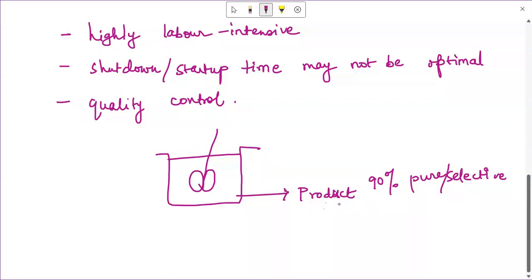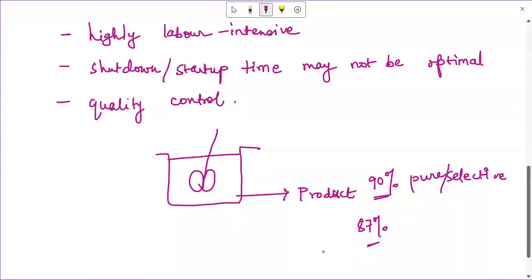Now, suppose during the first test, the result comes that no, it's not reaching exactly 90%, it is coming around 87%. Even though your recipe, the method in which you are going to react, and all the operating conditions are set, you have already processed another batch which will give you 87% of the specifications. So that creates a problem.